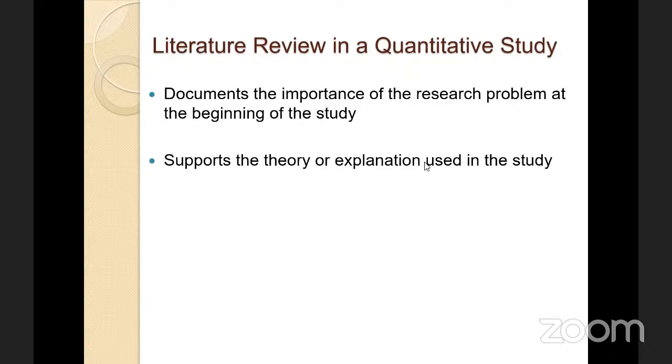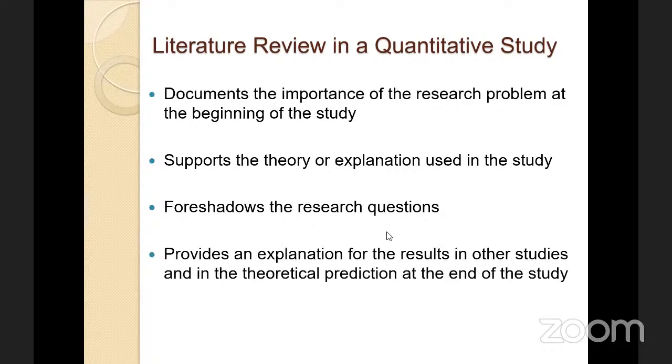Whereas in a qualitative study, it's like the opposite. You're trying to look for a theory based on collecting non-numerical data. In a quantitative study, the literature review is typically used to come up with the research questions, and you can do some comparison at the end between the results of other studies and the study that you're about to do.